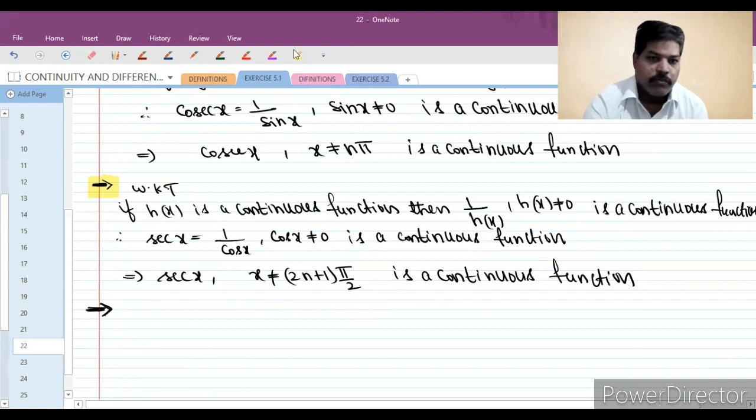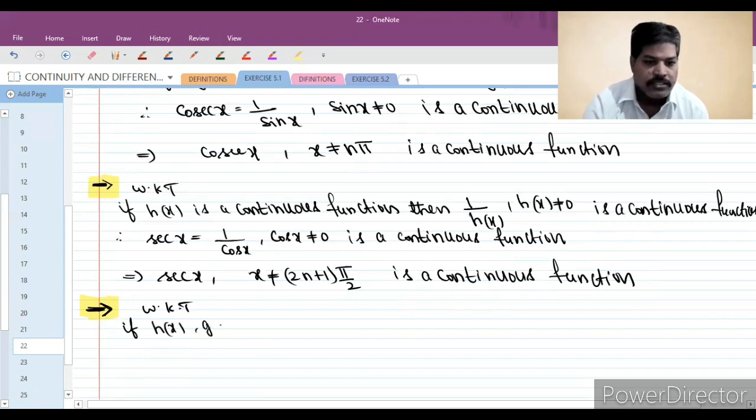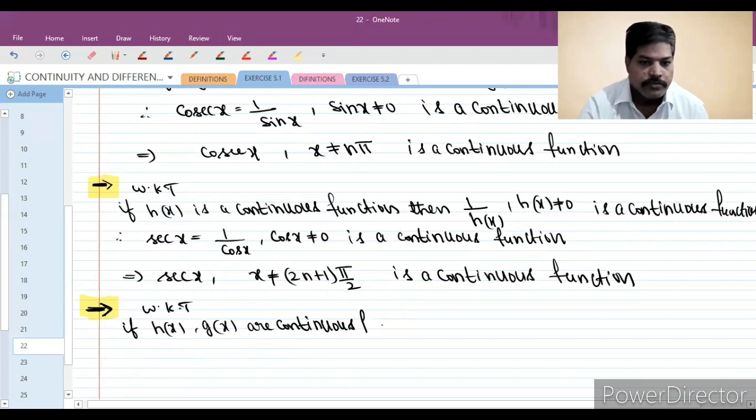So next condition we will take. We know the important theorem we already proved: if h of x and g of x are continuous functions, then what happens?